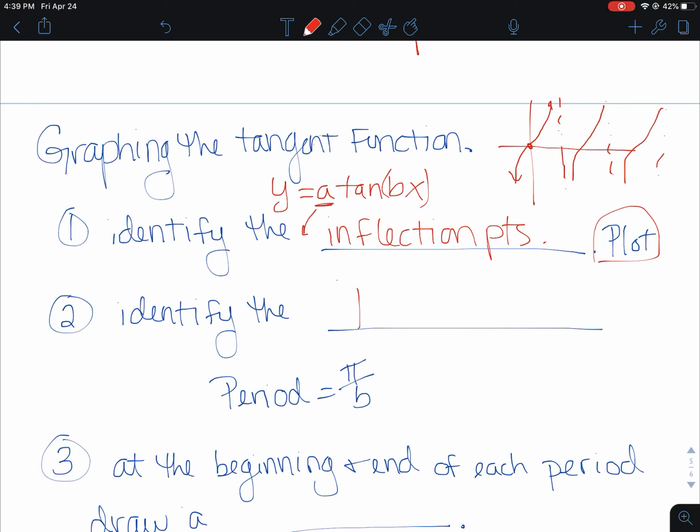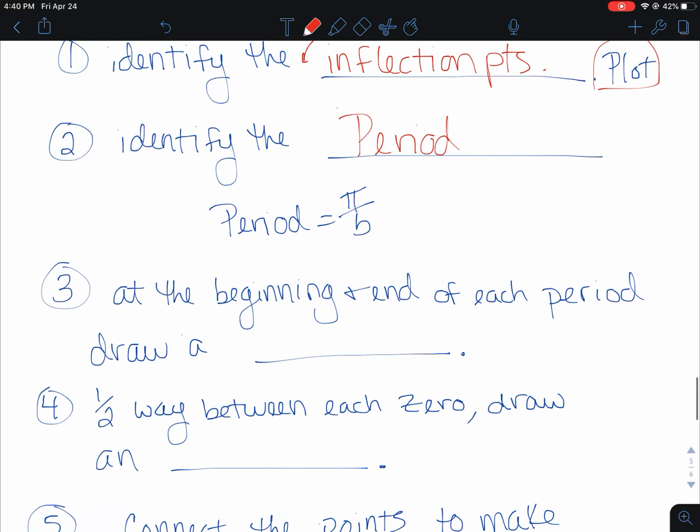Then we're going to identify the period, which instead of 2 pi over b is pi over b, because if you remember, the period of the tangent function is only using pi spaces, not 2 pi. At the beginning and at the end of each period, we're going to draw a 0.